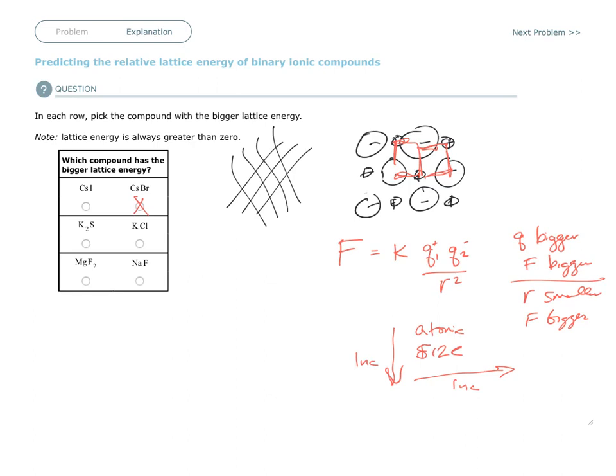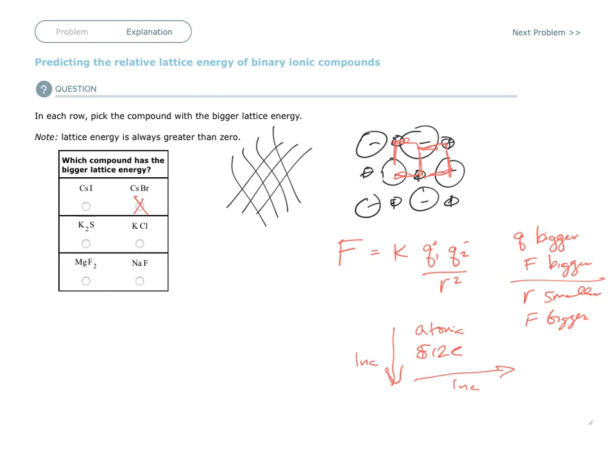Okay. What about the K2S and KCl? Okay, KCl and K2S. Well, I'm looking at the periodic table. Cl and S are on the same row, same period, but Cl is more towards the right and S is more towards the left.